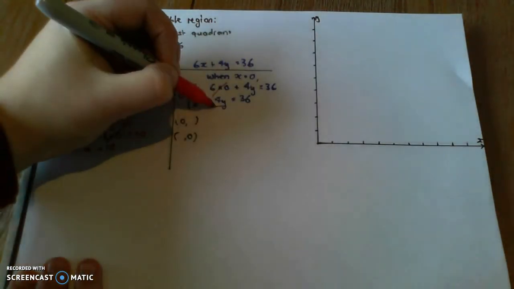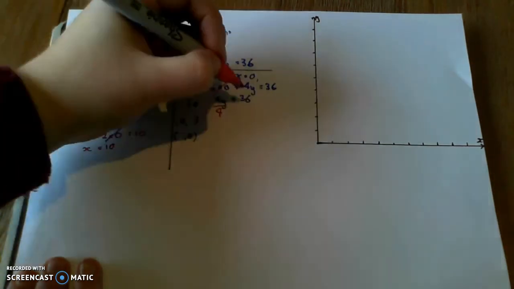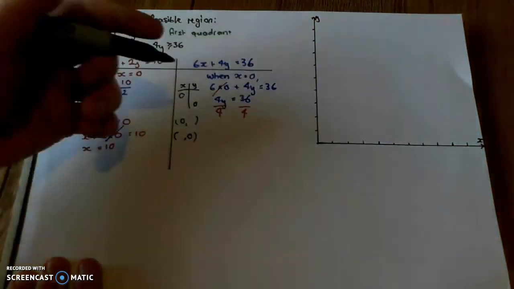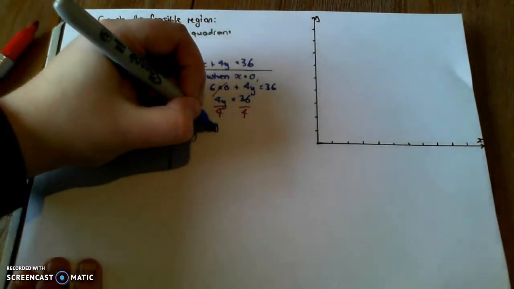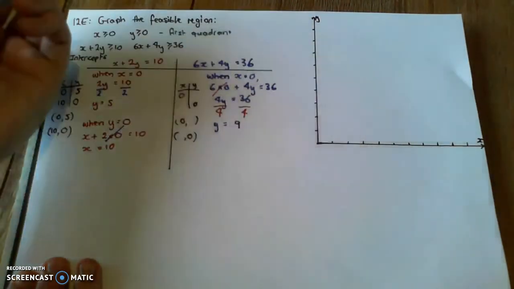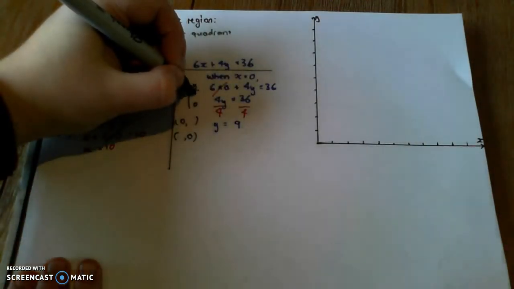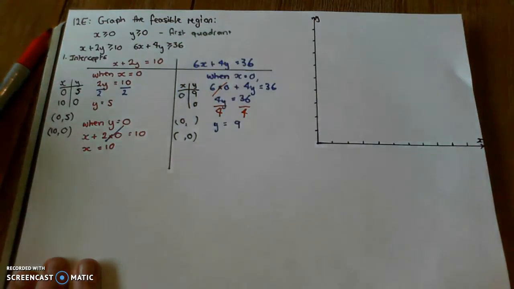We want y by itself, so we divide this by 4, which means we also divide 36 by 4. y will be equal to 9. So we have our first y-intercept for this equation, and our only y-intercept, by the way.